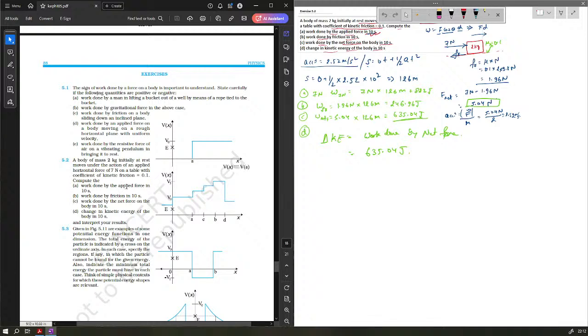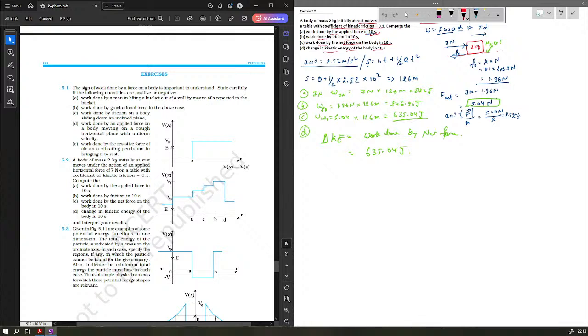Compute the work done by the applied force in 10 seconds, the work done by the friction in 10 seconds, the work done by the net force on the body in 10 seconds, and the change in kinetic energy of the body in 10 seconds.